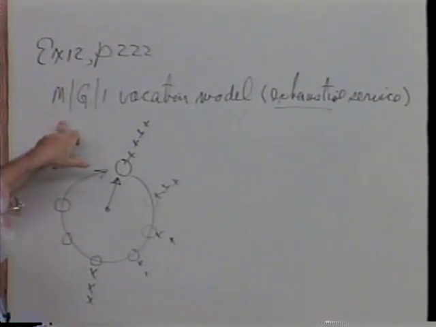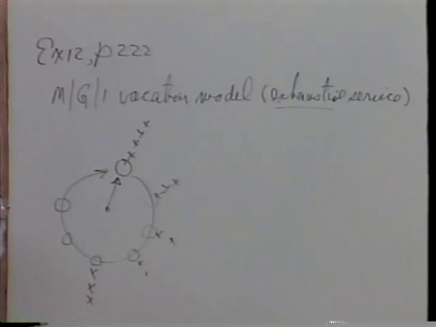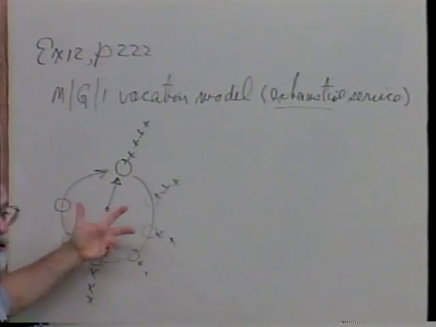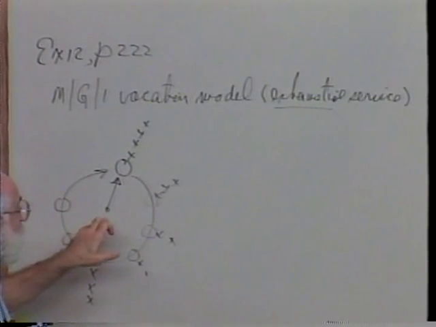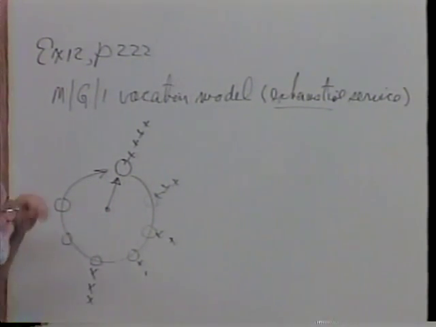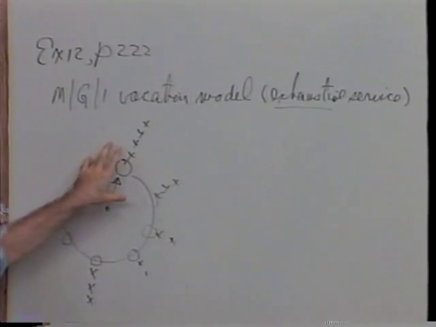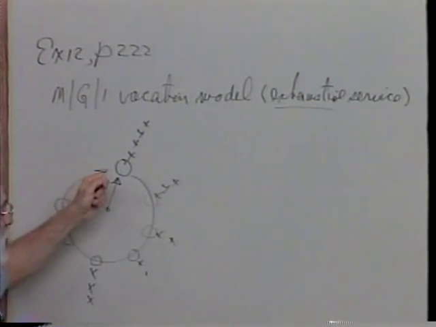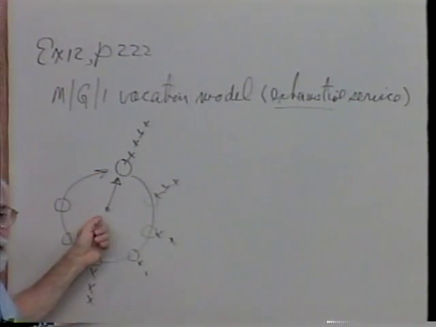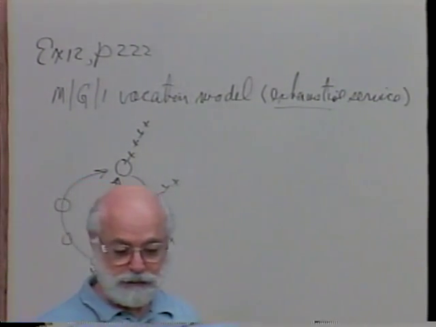So in the analysis of the vacation model, we'll assume that the length of the vacation is determined by this generating function, and then later we'll hook the generating function specifically to the polling model. So there are two pieces here. One is the vacation model, which is of interest in itself, and the other is the use of the vacation model as a tool to handle the polling model. That's the big picture.